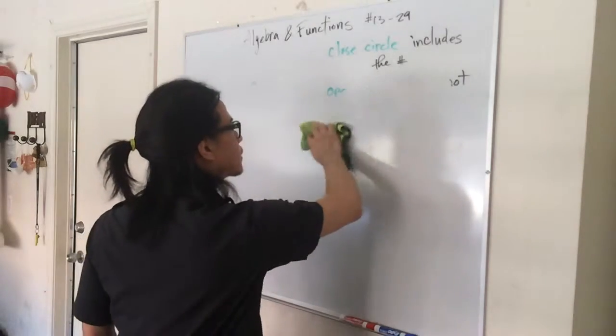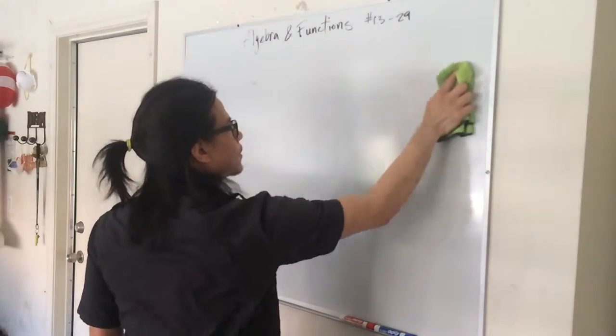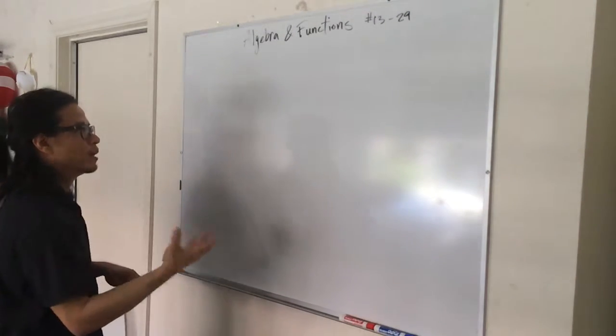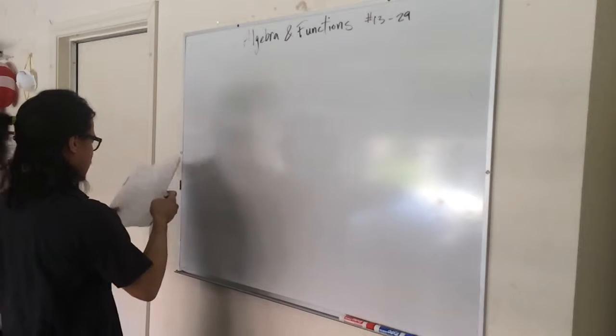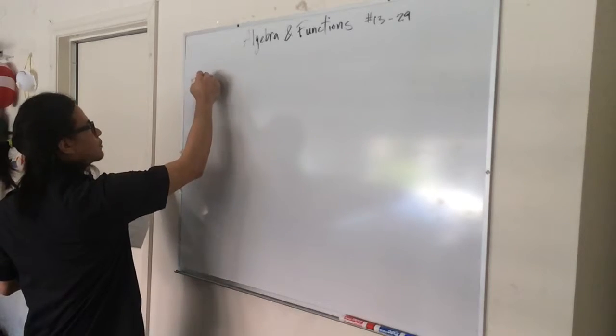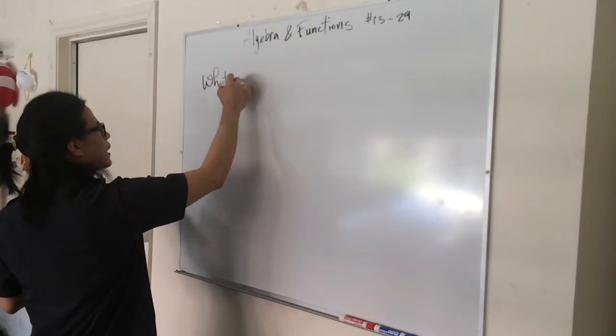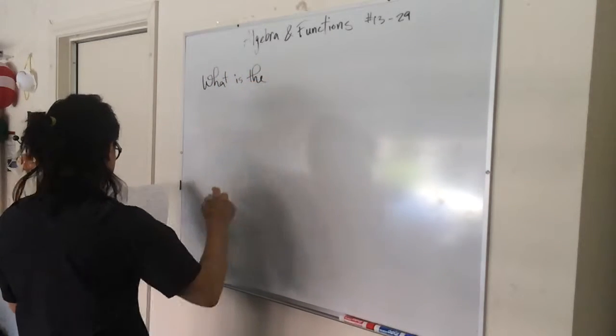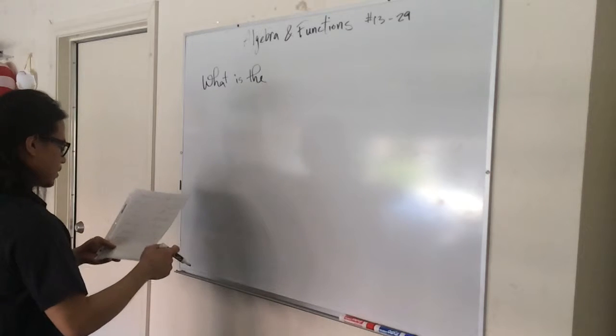Let's look at a couple tricks we can play with, like when we are adding numbers. So the first property that we're going to look at is the property of addition.